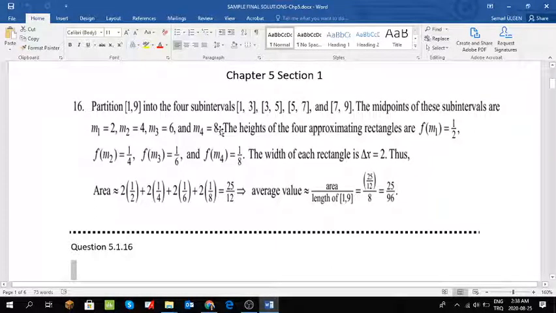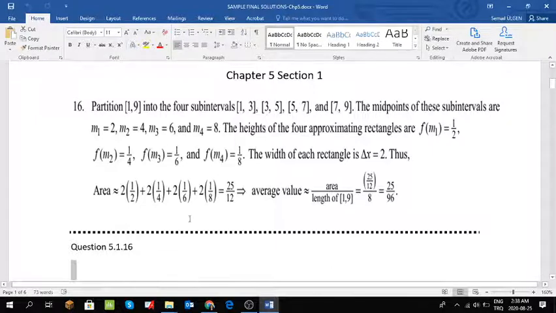Then we find the heights of the approximating rectangles. Our f is 1 over x, so f of m1 is 1 over 2, f of m2 is 1 over 4, f of m3 is 1 over 6, f of m4 is 1 over 8. The width of each rectangle, delta x, is 2.